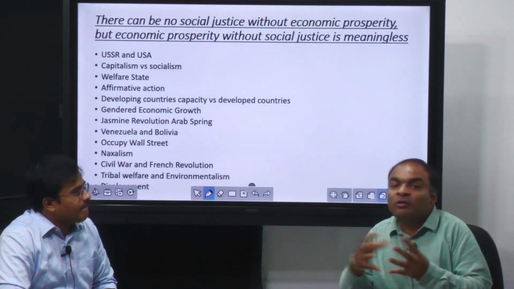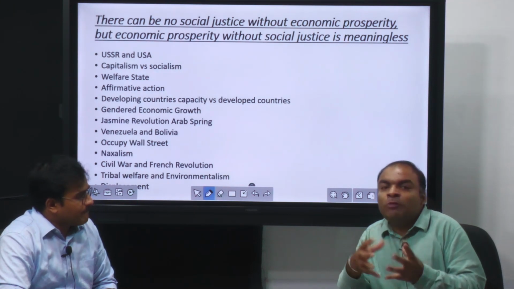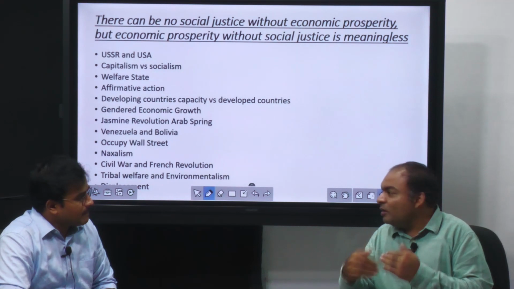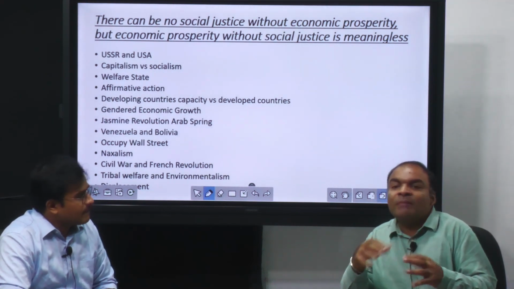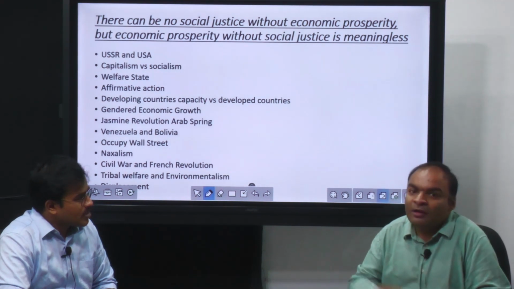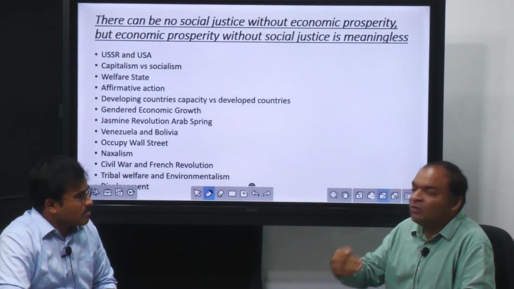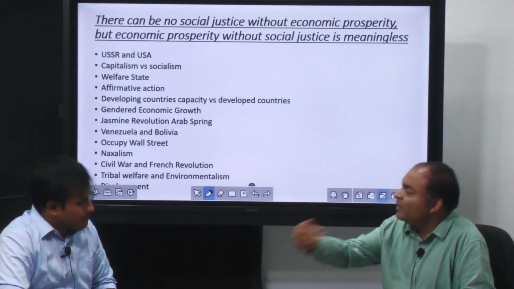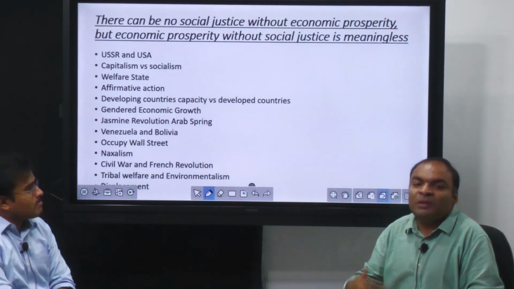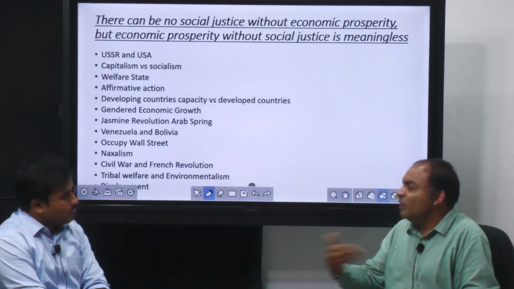Now, when we talk about economics as a concept, we say there is policy, program, and scheme. Policy is a broad target, what we want to achieve. A program is for everyone. But when we say scheme, have you ever heard of a scheme for the general category? No, right? Why? Because a scheme is for helping those who cannot achieve by themselves. So affirmative action is nothing but a policy of reservation, a policy of some subsidies for the girl child, subsidies for SC, ST. Why?